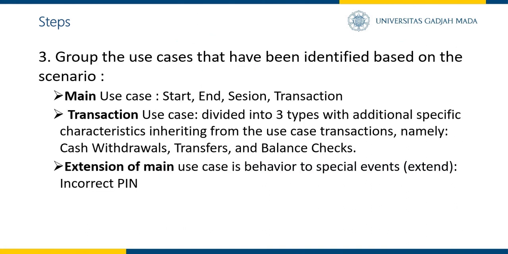Step 3: group the use cases that have been identified based on the scenario. For example, we create the first group, which is the main use case, consisting of start activities, session, and transaction. And then for the transaction use case, we divide it into 3 types with additional specific characteristics inherited from the transaction use case, which are cash withdrawals, transfers, and balance check.